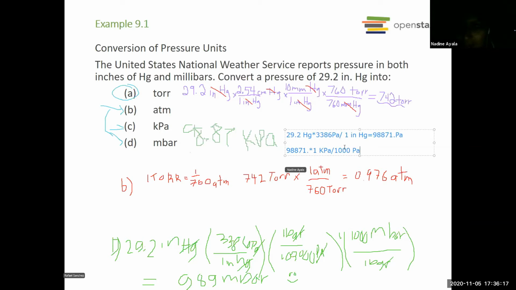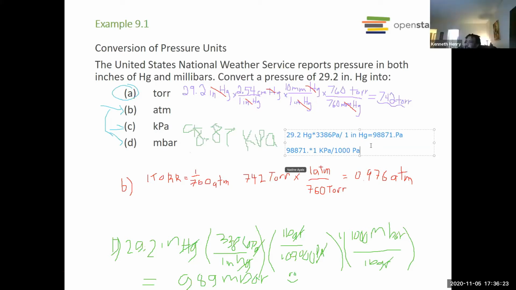Awesome. And that equals the 98.87 kPa, which is up here. Thank you. Okay, let's see, atmospheres. Good. Are there any questions? Pretty simple.